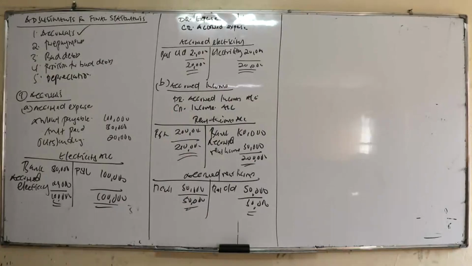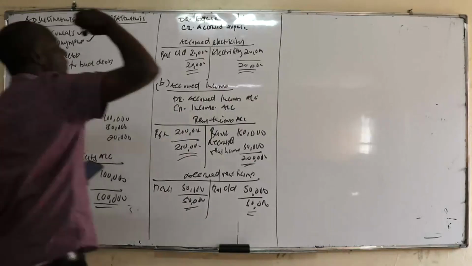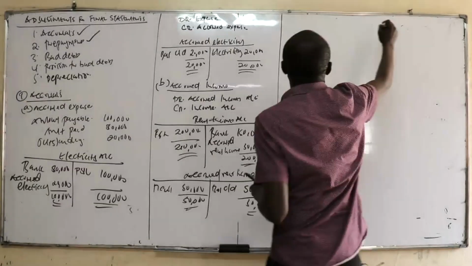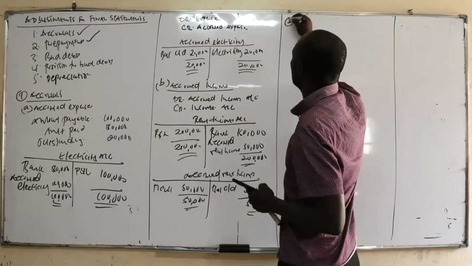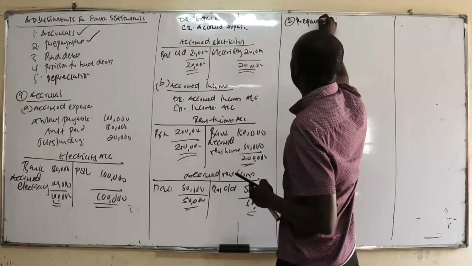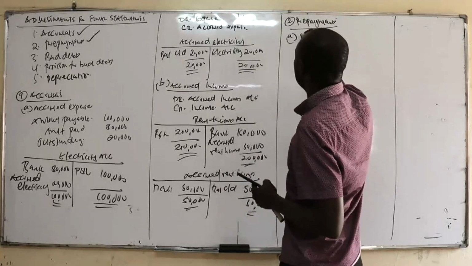So now let us go to the second one. We call it prepayment. That is number 2. Prepayments. So A, we have prepaid expenses.